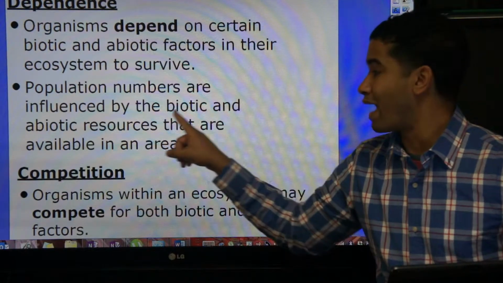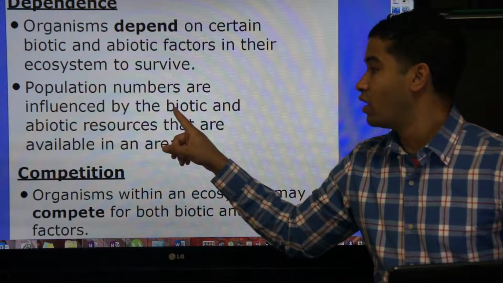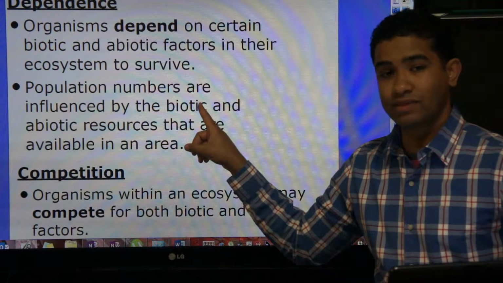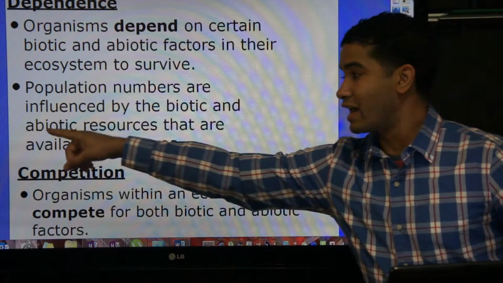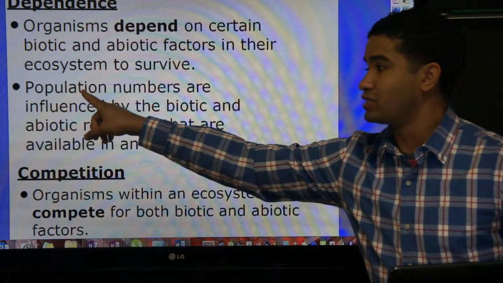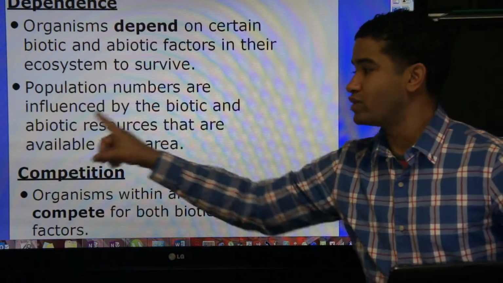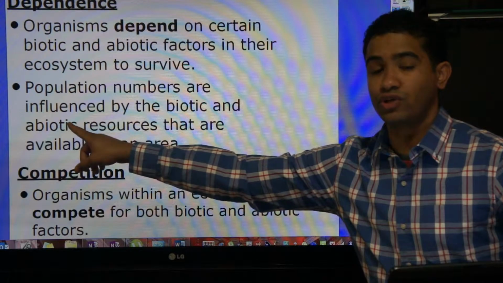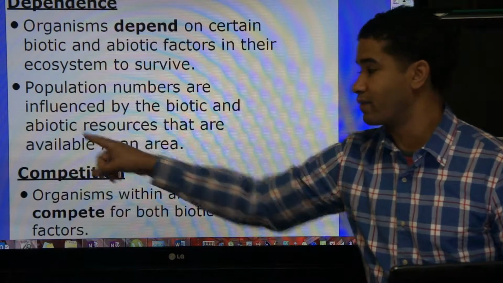If they don't have enough rabbits for them to eat, or you don't have enough smaller mammals for them to eat. Okay? Or if there's not enough water, abiotic factor, for them to drink. So the population size depends on what resources they have to use for survival, for living.